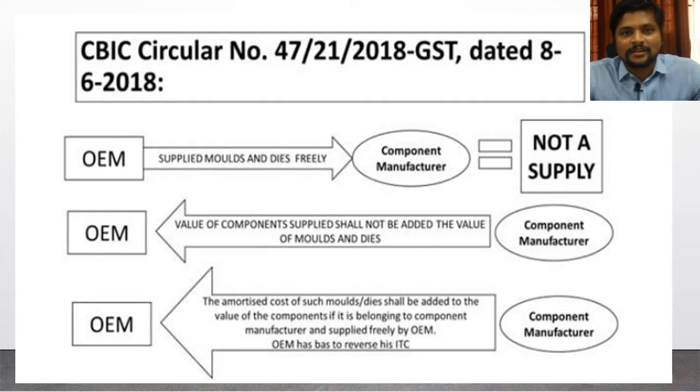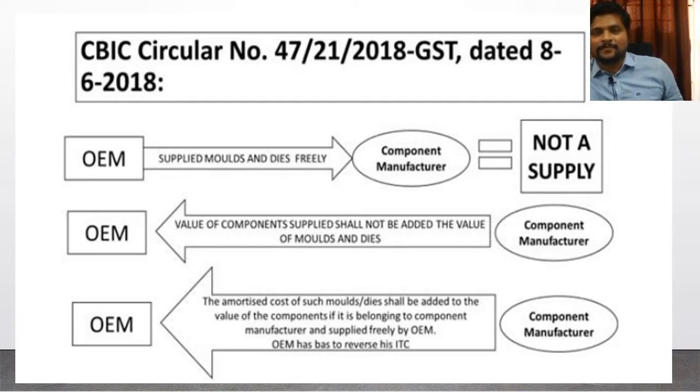The transaction is like this: the OEM supplies molds and dies to the component manufacturer. As per this circular, the supply made by the OEM to the component manufacturer, which is molds and dies supplied free of cost, should not be considered as a supply. That is the first clarification provided by the circular.